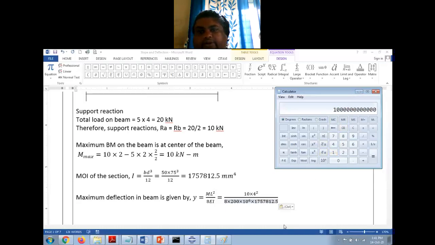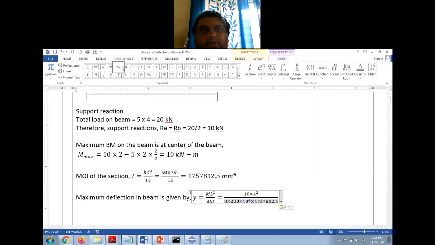So what you have to do is into 10 raised to minus 12. Okay, so I have put everything in kilonewton and meter. All the values are in kilonewton and meter. If you want, let me just put the bracket so that you don't get confused here.